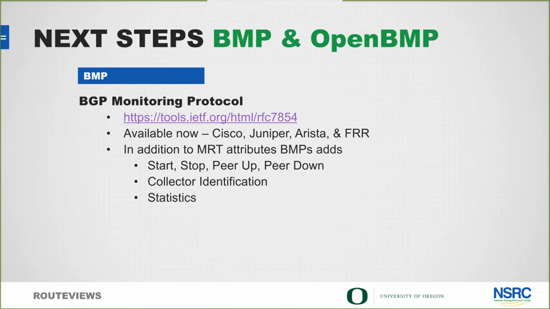So let's talk a little bit about, and this jumps back into that second generation of what the route views platform looks like. To facilitate all the things that I talked about there in the second generation, we're leveraging BGP monitoring protocol as the backbone of that delivery system. BMP is an RFC standard.